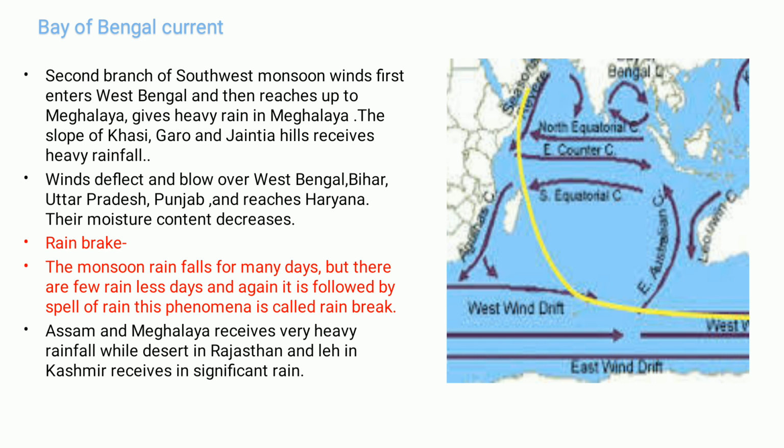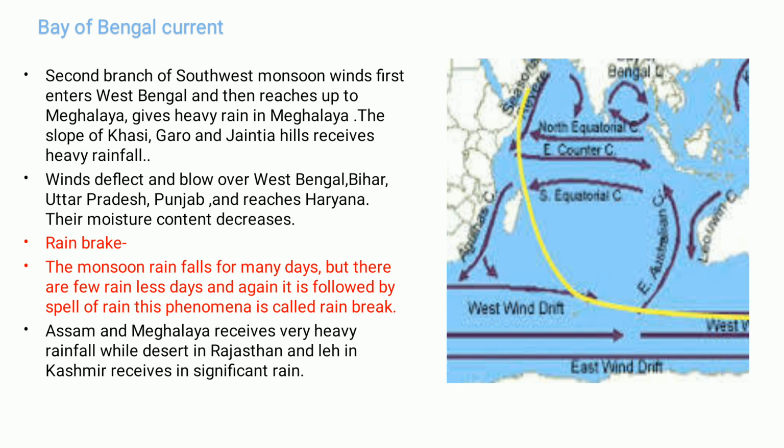So the phenomenon of rain break is associated with monsoon wind. What is this rain break? The monsoon rains fall for many days. There are many rainy days continuously, but there are a few rainless days and again it is followed by a spell of rain. This phenomenon is called rain break.